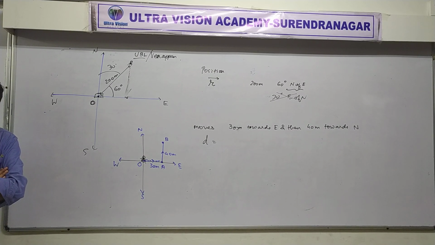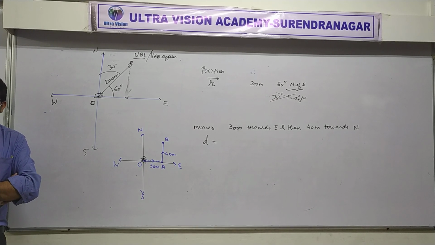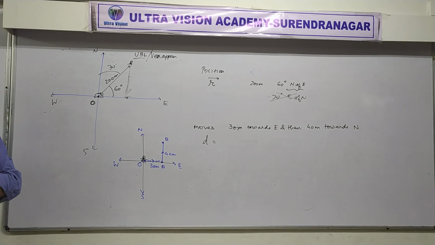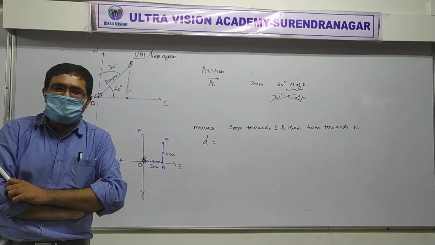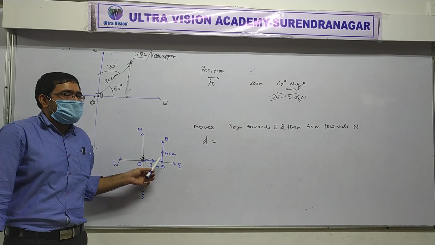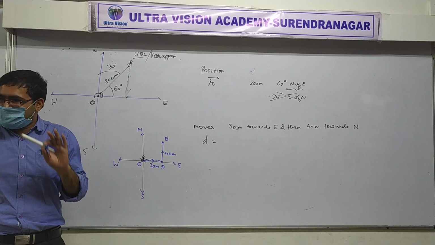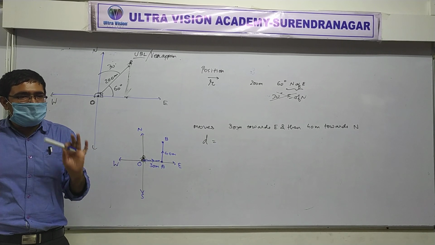Are you sure? When everyone agrees to the same thing, we often find that it is wrong. But not this time. This is correct. 70 meter is the path length. Understood? Sure?